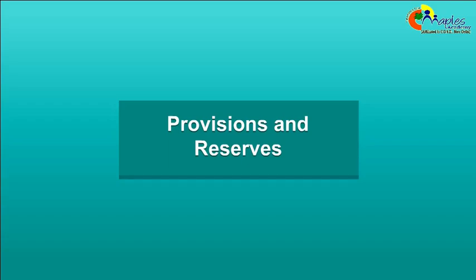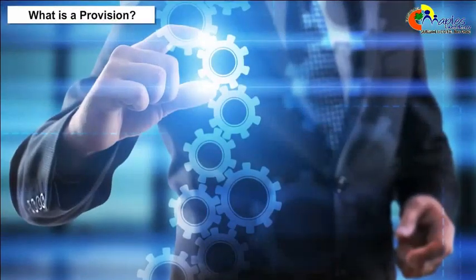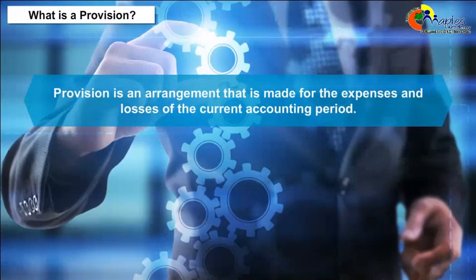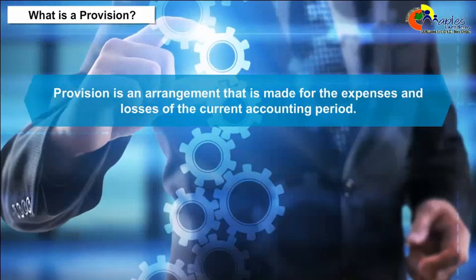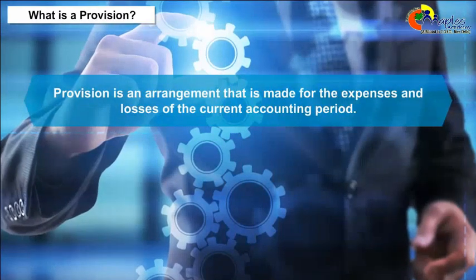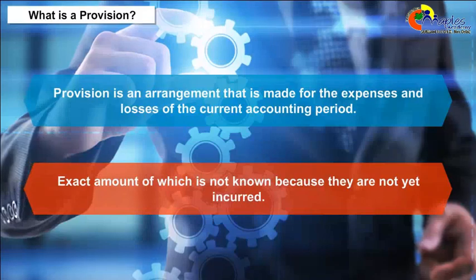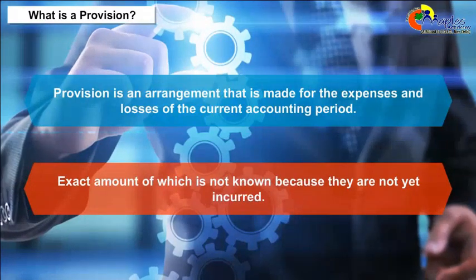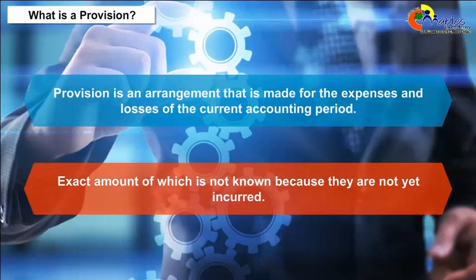Provisions and reserves. What is a provision? Provision is an arrangement made for the expenses and losses of the current accounting period, but the exact amount of which is not known because they are not yet incurred.